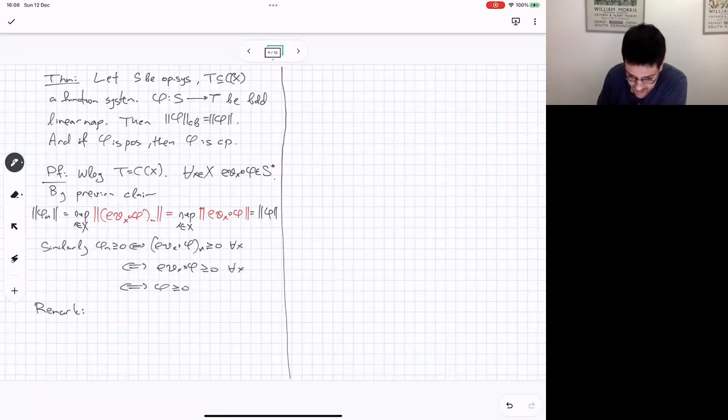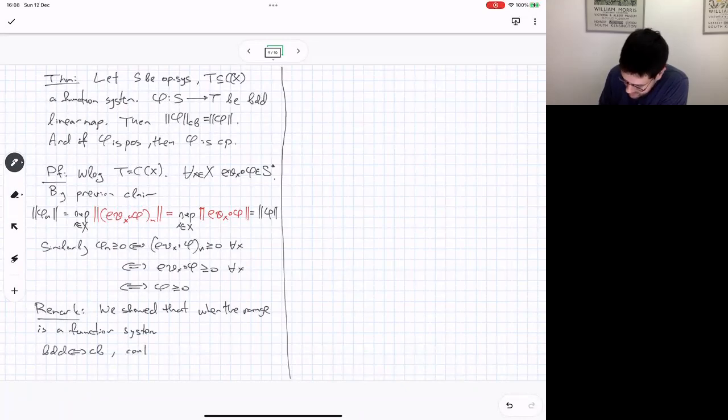Remark. We showed that when the range is a function system, bounded is equivalent to being completely bounded, contractive is equivalent to being completely contractive, positive is equivalent to being completely positive.